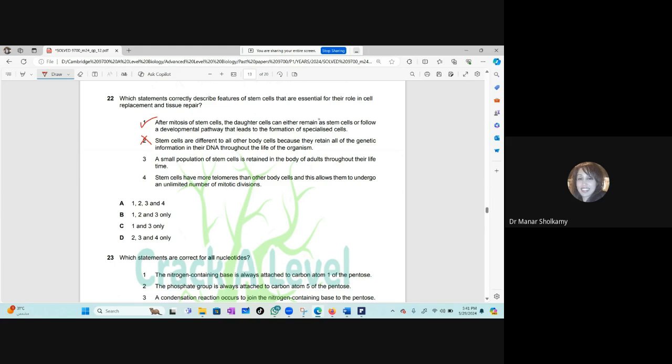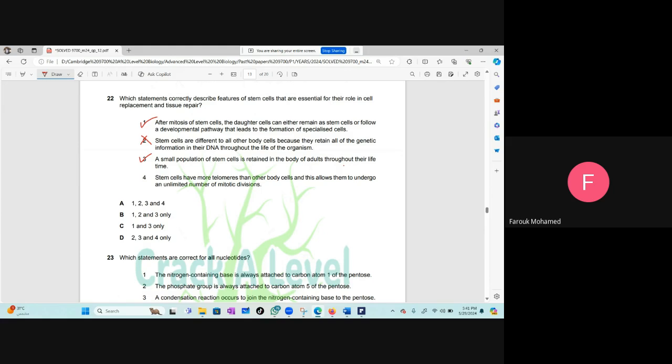Three: a small population of stem cells is retained in the body of adults throughout their lifetime. Is three right or wrong? That's correct. Of course, especially in the bone marrow, if you remember, the hemopoietic stem cells. Four: stem cells have more telomerase than other body cells, and this allows them to undergo an unlimited number of mitotic divisions. Is four right or wrong?